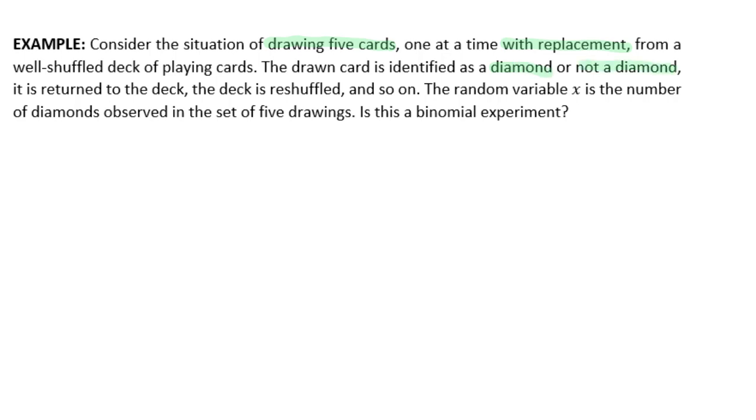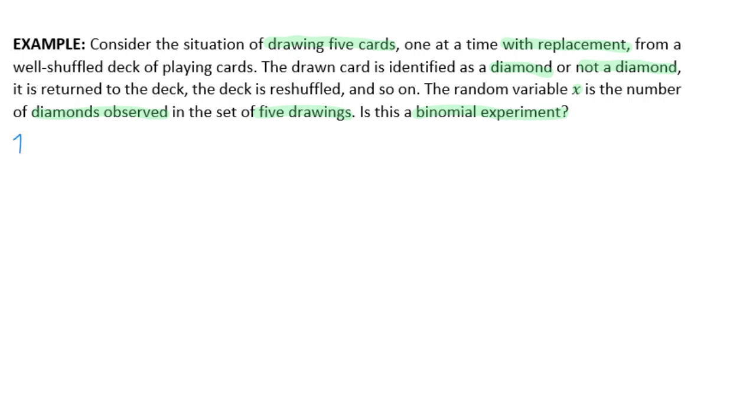It's returned to the deck, the deck is reshuffled, and so on. The random variable x is the number of diamonds observed in the set of 5 drawings. Is this a binomial experiment? To answer this question, we need to verify the 4 properties of a binomial experiment.